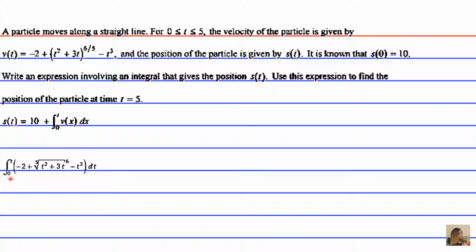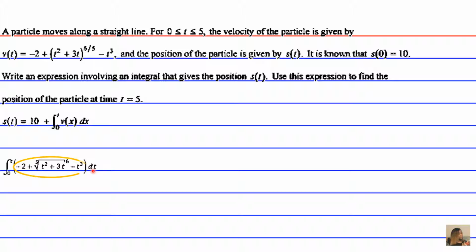When they ask you for the lower limit, you input 0. When they ask you for the upper limit, you can put t if your calculator allows that, or x. I put x here because some people's calculators don't allow them to use such a variable, okay? And then your calculator should automatically input the dt for you, all right? But now we need to take the definite integral from 0 to 5.